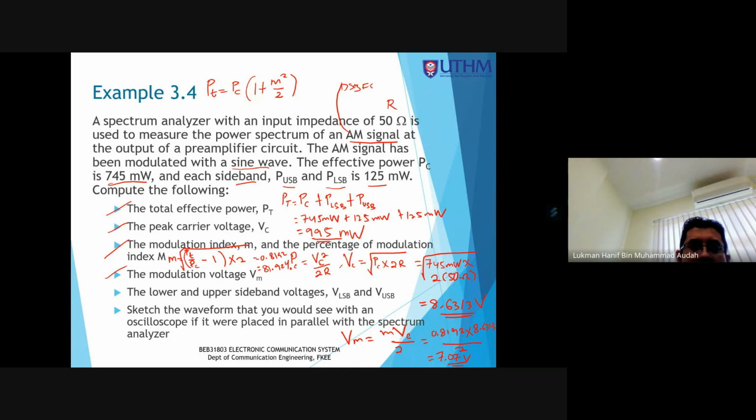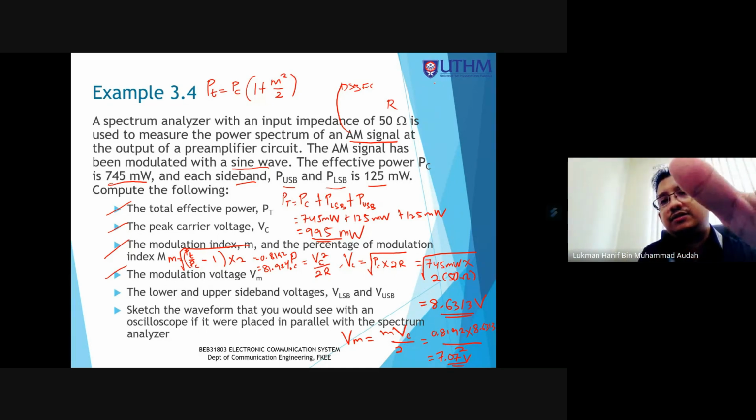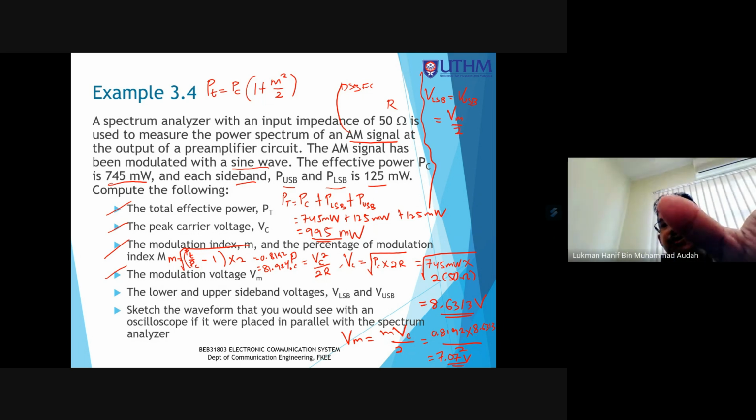So VLSB is equal to VUSB, which is VM over 2, peak amplitude divided by 2. So this is actually equal to 7.07 volt divided by 2. Why divide by 2? This is as stated in the previous equations that we have learned in the previous slide.